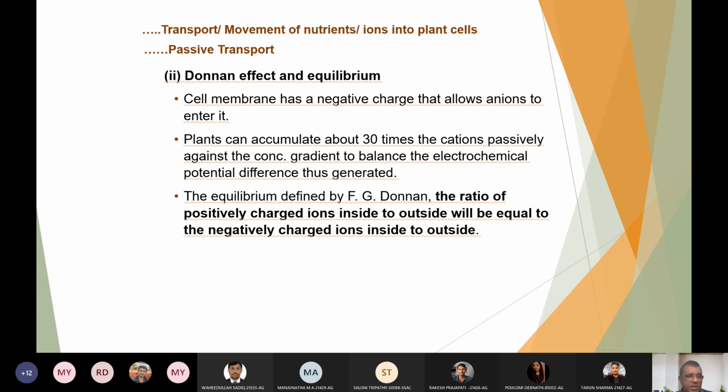The equilibrium defined by F.G. Donnan: the ratio of positively charged ions inside to outside will be equal to the ratio of negatively charged ions inside to outside. So you can try yourself to see what it means.